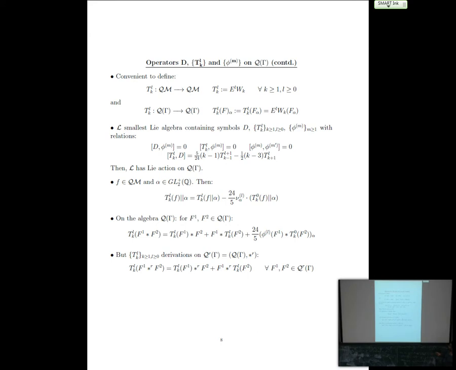Tkl of F1 F2 is simply, yes, computing, and so this is the basic derivation kind of thing, F1 F2, F1 F2, but then this is the extra term that sits here. No, it's not symmetrical. Yeah.